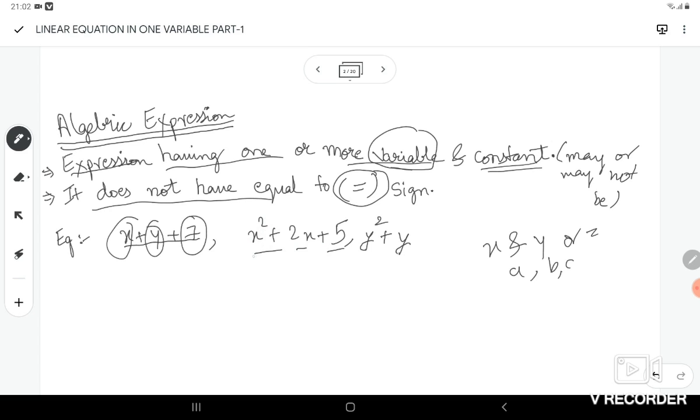Here again x is a variable and 5 is a constant. Now let's take another example, y square plus y. Here there is no constant, as I have already told that in an algebraic expression there may or may not be a constant, but there should be at least one or more variables. So here y is a variable.